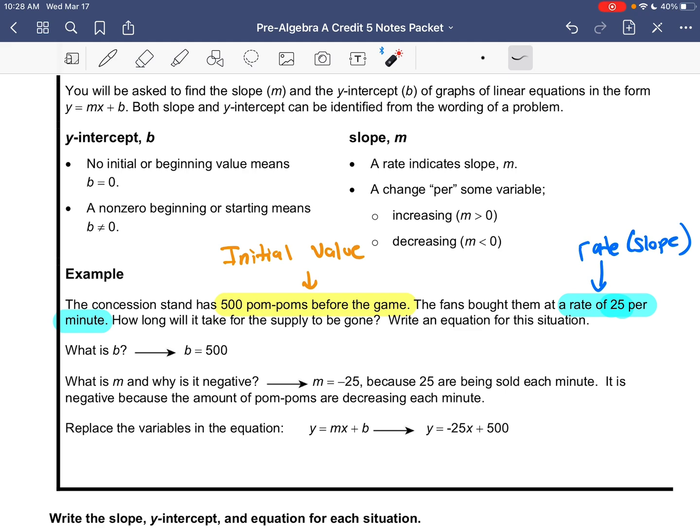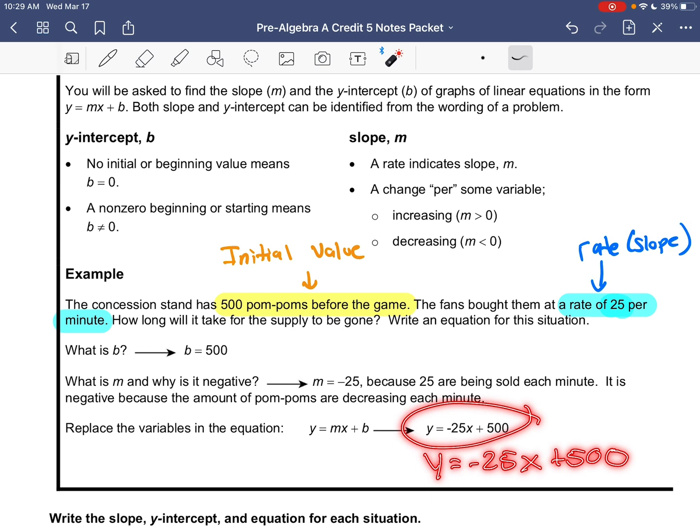And the slope, we know it's going to be 25, but what is going on in this problem is that fans are buying 25 pom-poms per minute, so our supply is decreasing. Because our supply is decreasing, our slope would be negative 25. So with a slope of negative 25 and a y-intercept of 500, putting it together, we get y equals negative 25x plus 500.